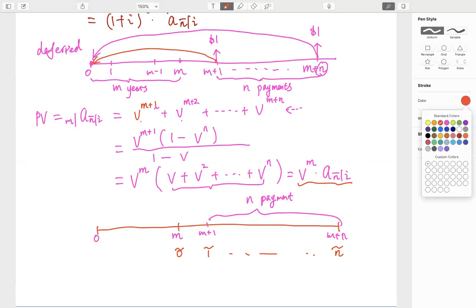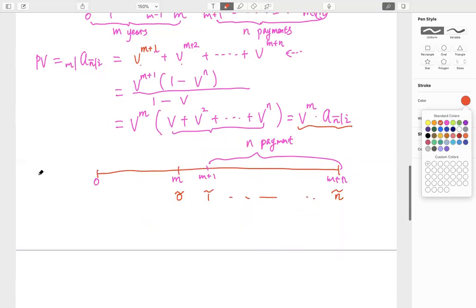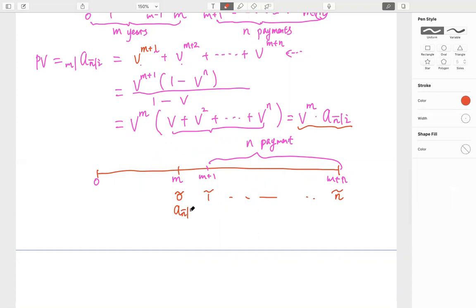So with that in mind, in this new timeline, this is nothing but a standard annuity, right? And when we calculate the present value, it is always at time 0. So my new time 0 is here. So I know this is an annuity immediate, right? But this is at my new 0 tilde, the changed timeline. This is not exactly what I want. I want to be at the original 0.